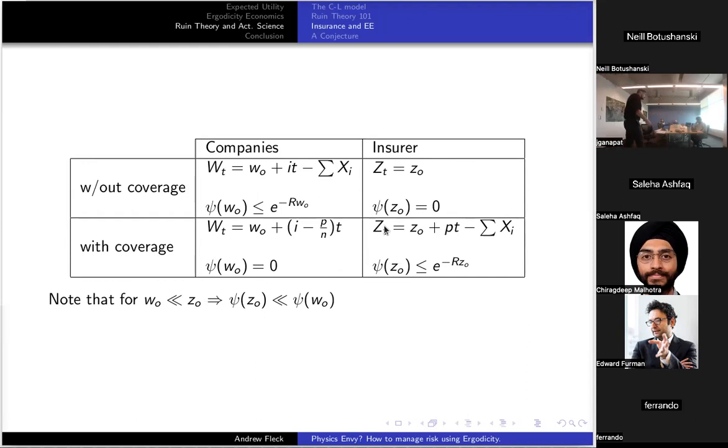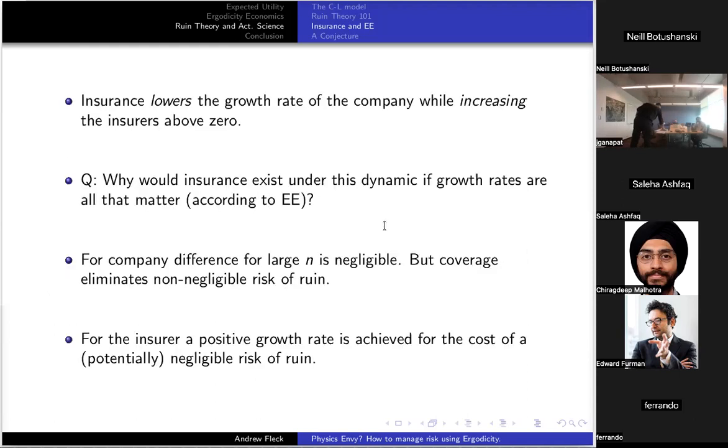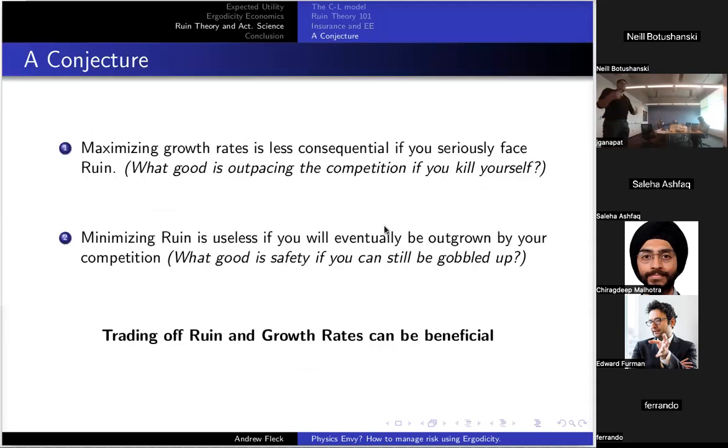So what we have then is that insurance will lower the growth rate of the companies buying insurance, while increasing the insurer's, right? But we've also eliminated the risk of ruin for the companies and taken on a small one for the insurer, right? And what I think is that these two things have to exist in a kind of balance or trade-off with each other, right?